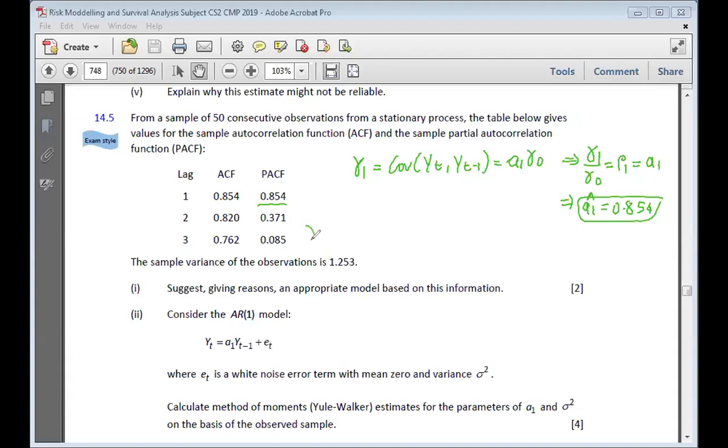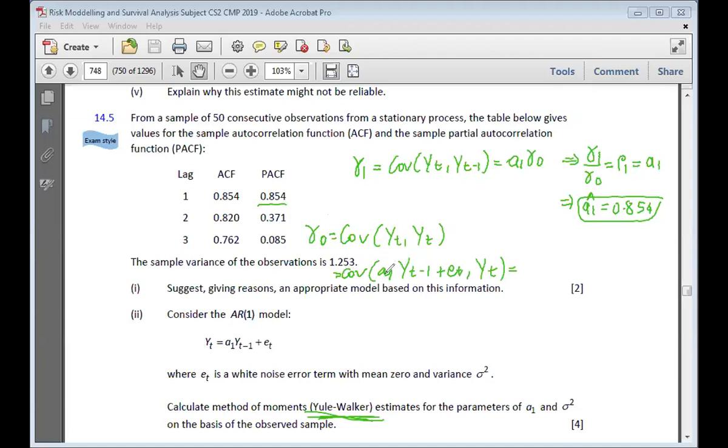And now I'll consider the lag 0. So covariance of yt comma yt, and this will be covariance of A1 yt minus 1 plus et comma yt. So remember, whenever they ask you to derive the Yule-Walker equations, what you have to do is derive gamma 0 in terms of gamma 1.